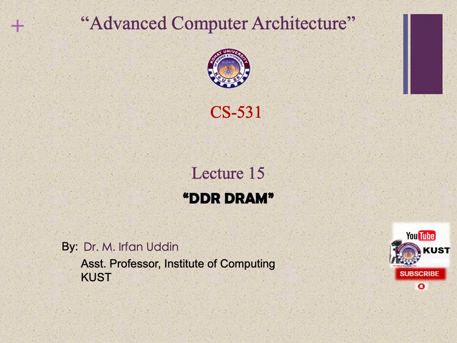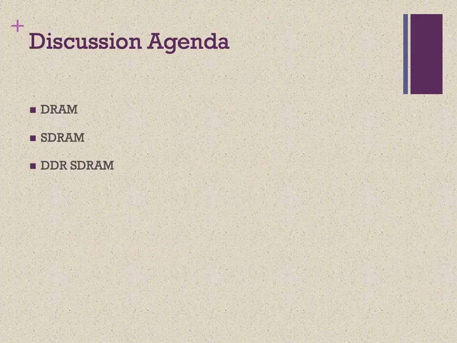Today's topic is DDR DRAM. Actually, we will discuss DRAM, and we will discuss SDRAM. Before this topic we discussed DRAM and SRAM, and then we discussed SRAM in detail, and then some ROM technologies.